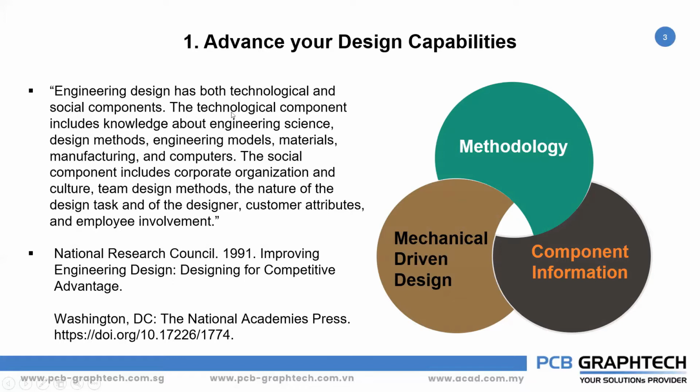The technological component includes knowledge about science, design methods, engineering models, materials, and computers. The social component includes the corporate organization, team design, the nature of the design work, task and designer, customer attributes, and employee involvement.